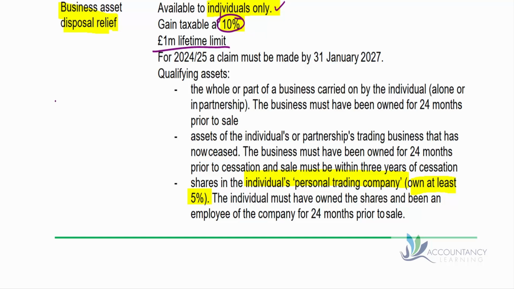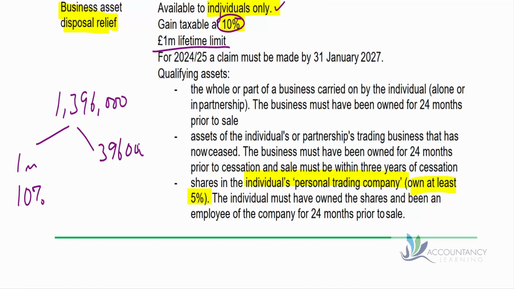So we'll need to apply that now as well. So we worked out, didn't we, that we've got this gain of 1,396,000. So we can split this up into the 1 million, which is going to be taxed at 10%, and the other 396,000 would be taxed at the normal 20% for capital gains.